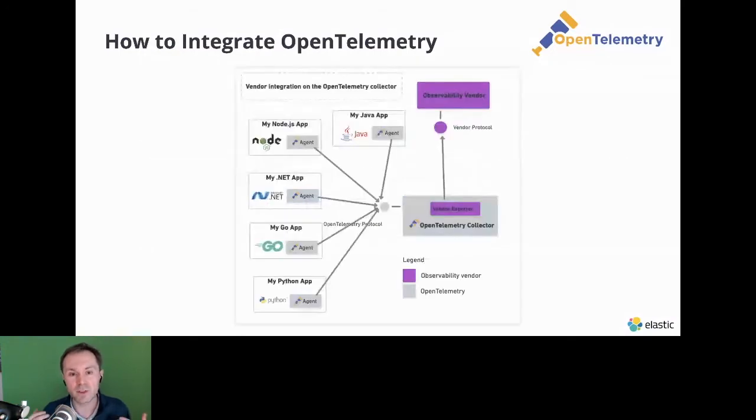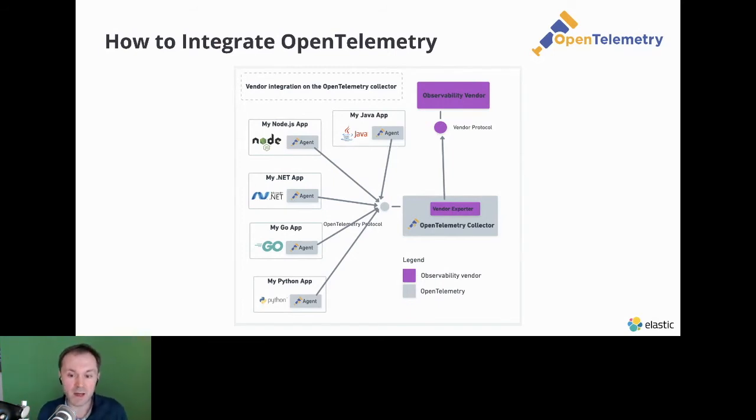Then the second generation of instrumentation is to rely on the OpenTelemetry Collector. OpenTelemetry Collector is a daemon that you install on your host and that is intended to collect metrics, to collect logs, and to act as a gateway, sometimes as a forwarding router of your messages. Here, the integration model is to use the OpenTelemetry Collector to plug in your vendor-specific exporter that speaks your vendor protocol.